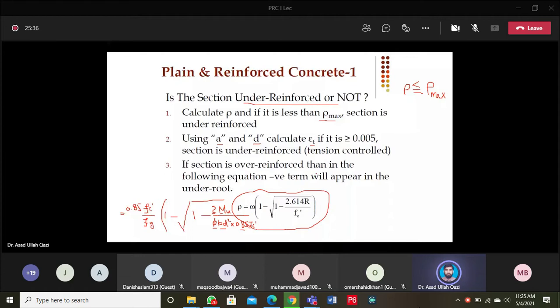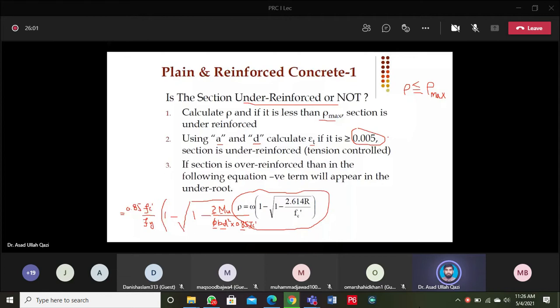If that steel strain is 0.005 or greater, this will again be an indication that the section is tension controlled, under reinforced, desirable behavior.